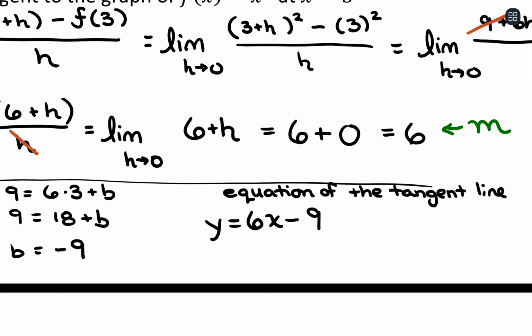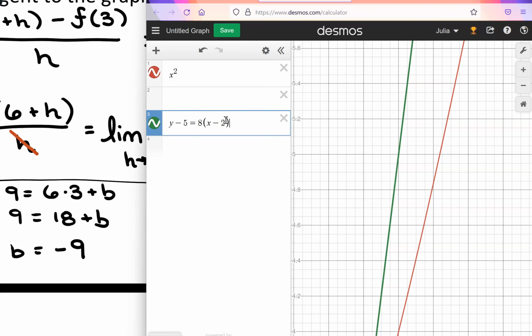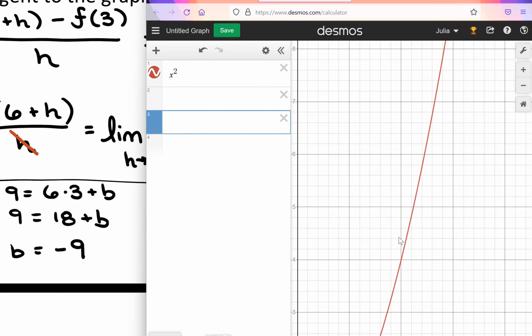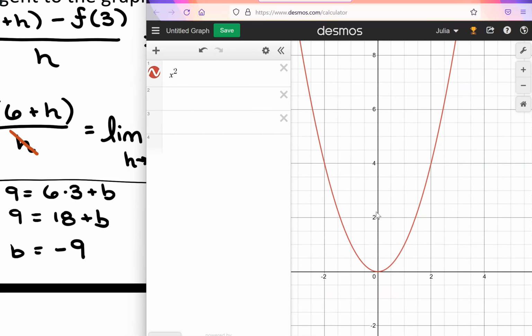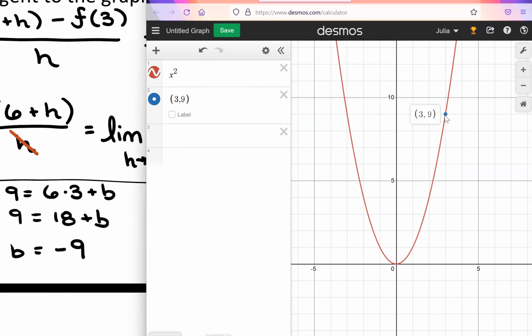So let's take a look at this on a graph in terms of what we just did. So we have our function x squared, so we're going to have our parabola. We're looking at x equals 3, so we're looking at this coordinate 3, 9. We want to graph the equation of the tangent line.